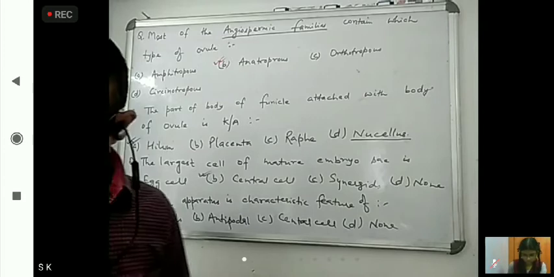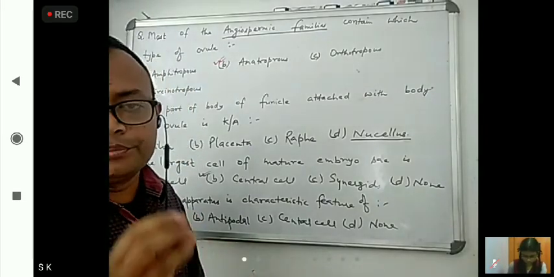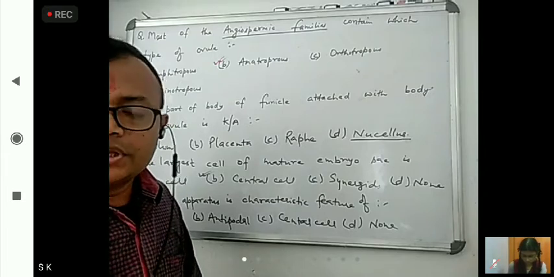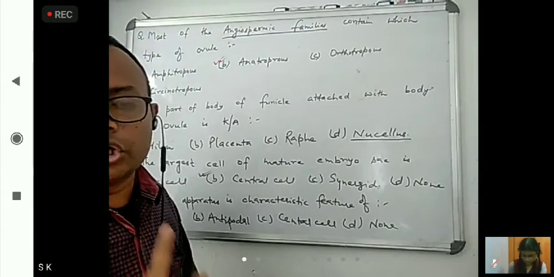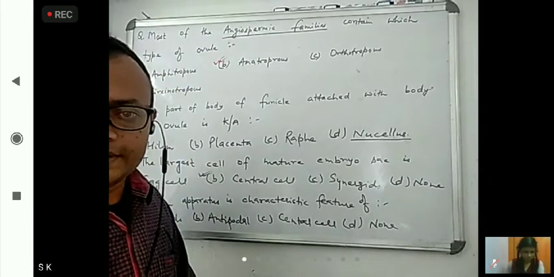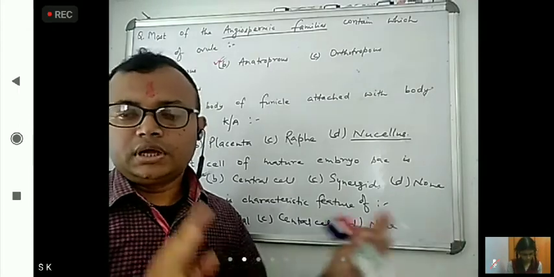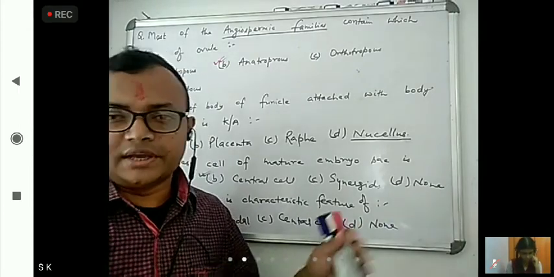Okay. Now, till yet what we have seen? We have seen formation of male gamete and formation of female gamete. But here the problem is that neither male gamete can move nor female gamete can move.